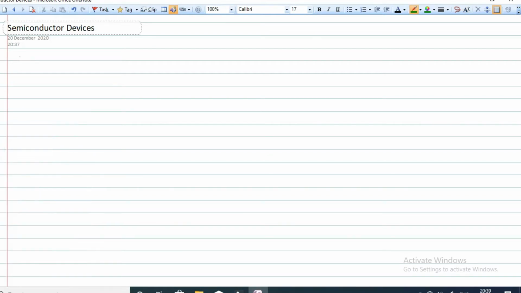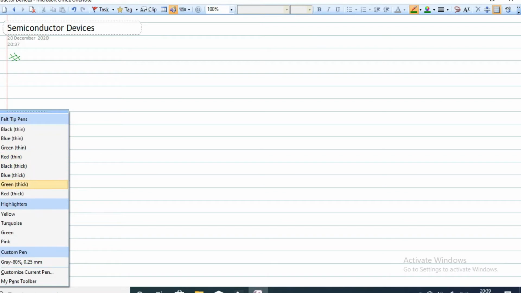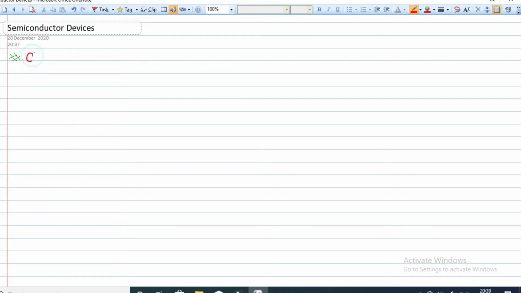So first we are going to see the classification of conductors, semiconductors and insulator.